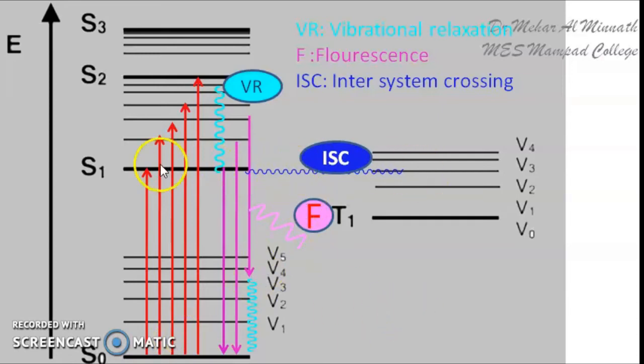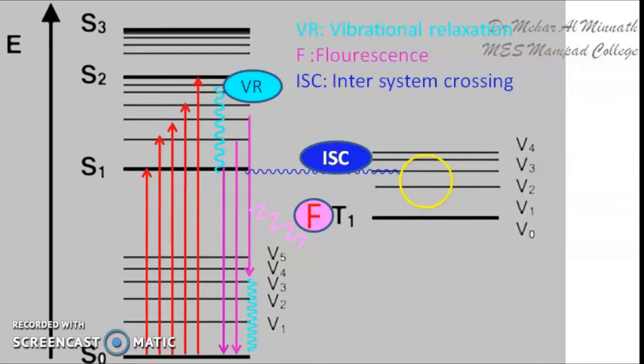Now, intersystem crossing happens when the vibrational energy level of the singlet excited state overlaps with the vibrational energy level of the triplet state.